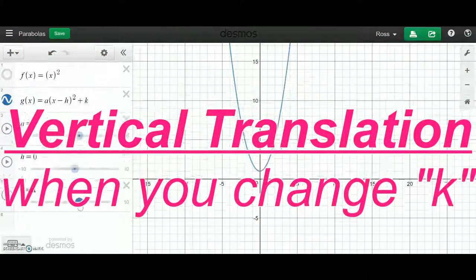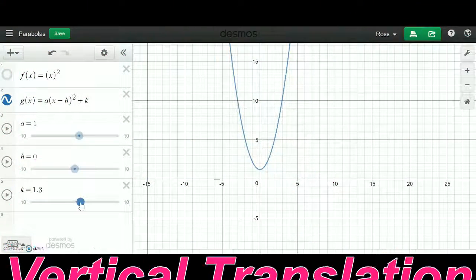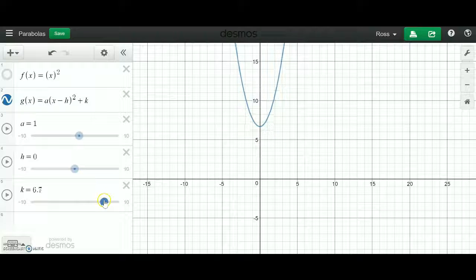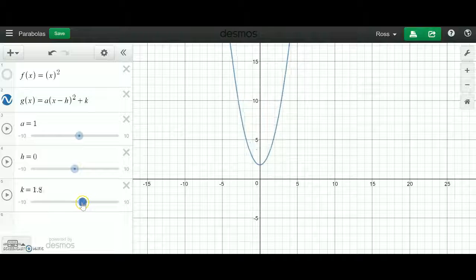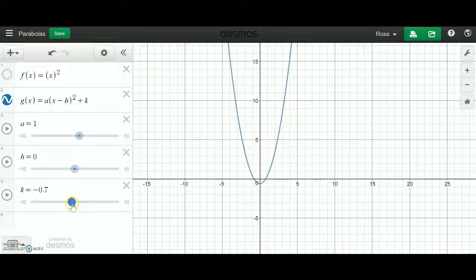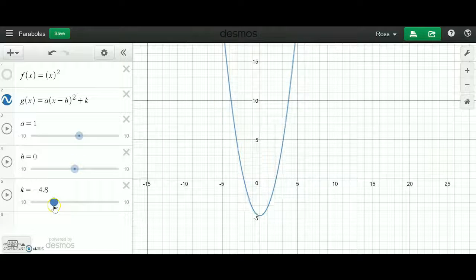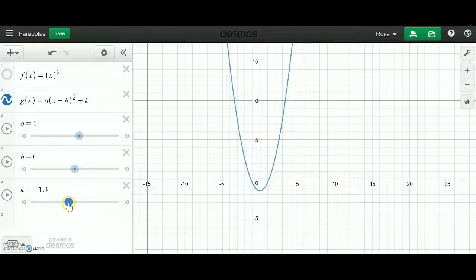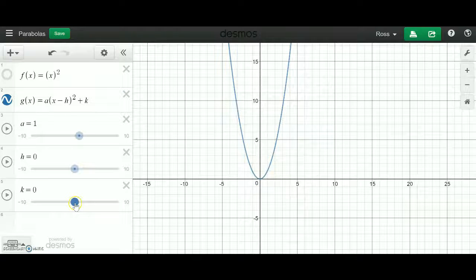That's the terminology we would use for this, a vertical translation. So it's shifting up as k increases, and if k decreases, as you might expect, it will be vertically translating down. That is pretty straightforward, I believe, and we'll practice this some more in class. Changing this value of k would be a vertical translation.